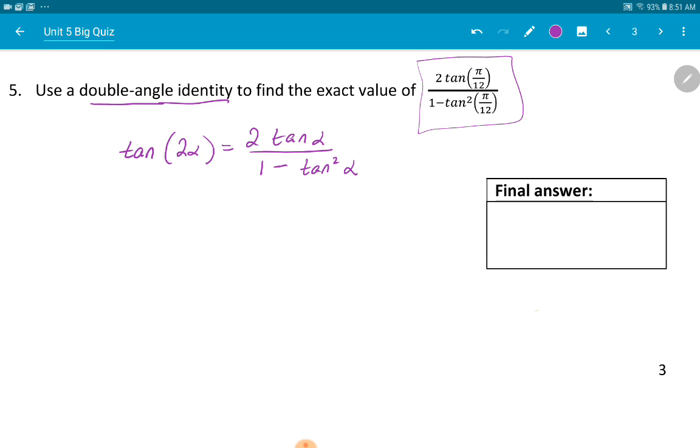angle. So this looks a lot like that, where alpha is equal to pi over 12. So if on the right-hand side, I have the right-hand side of this identity with alpha equal to pi over 12, then on the left-hand side, I have tan of 2 alpha.